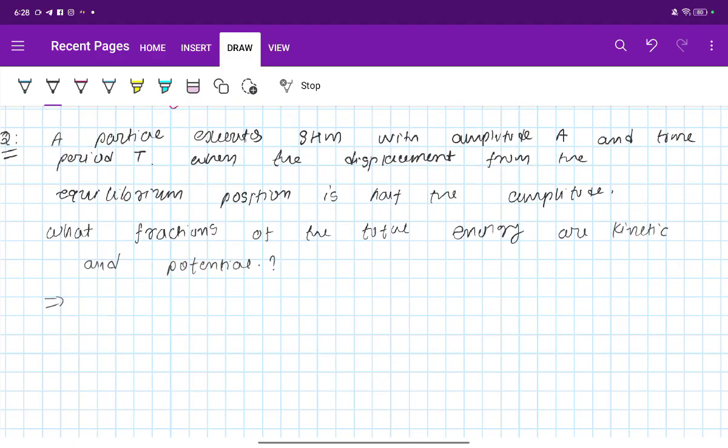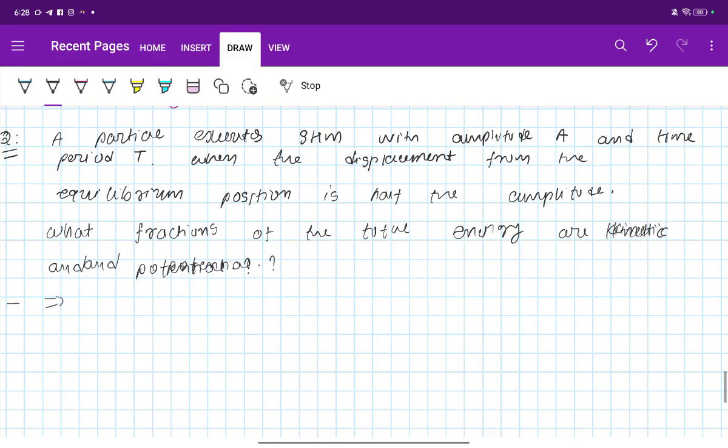A particle executes simple harmonic motion with amplitude A and time period T. So let's take a particle. Let's say this is our particle, and these are the extreme positions, plus A and minus A. Here the time period is given, that is T. When the displacement from the equilibrium position is half of the amplitude, so let's say this is the displacement and that is half of the amplitude.